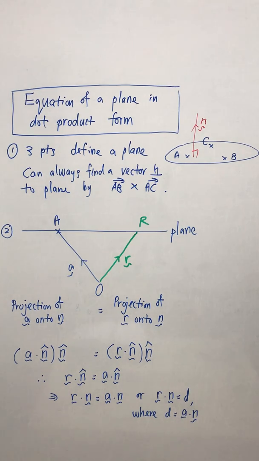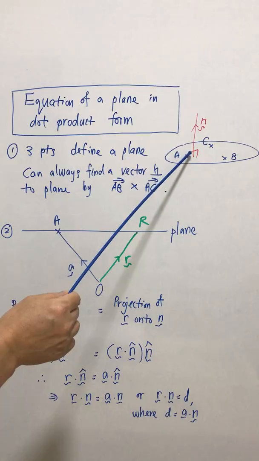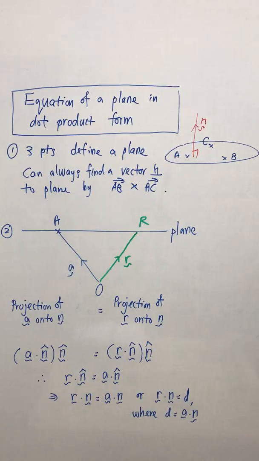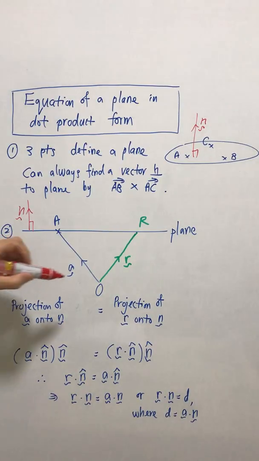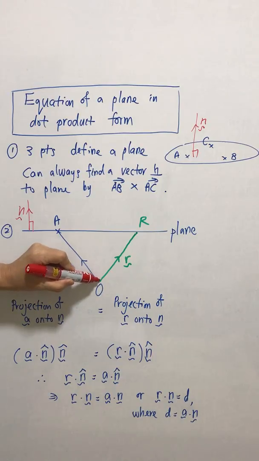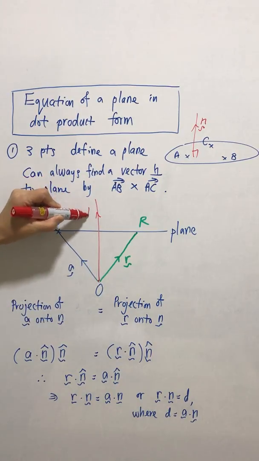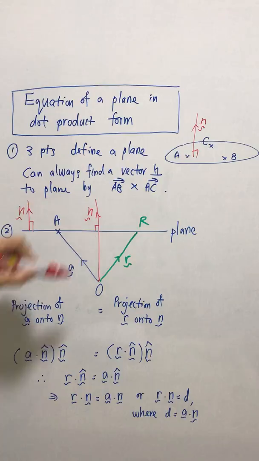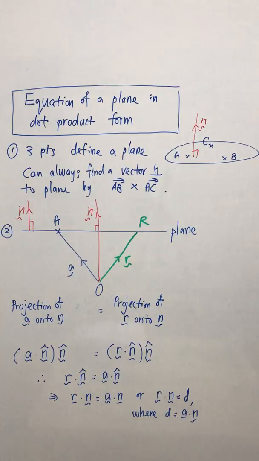Now, earlier on, I told you that I can always find a vector perpendicular to a plane. I can draw this vector n, say maybe here, as long as it is perpendicular to the plane. And because this vector n is like a free vector, I can even draw the vector n here. It doesn't matter whether I draw it as a very long vector n or a short vector n.